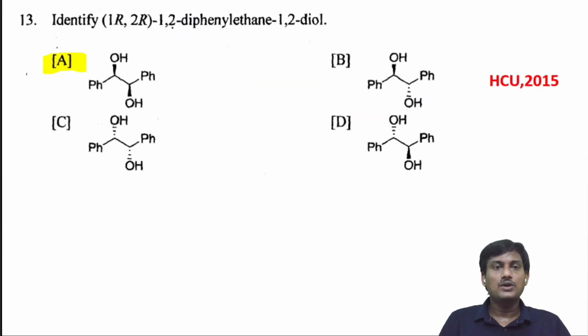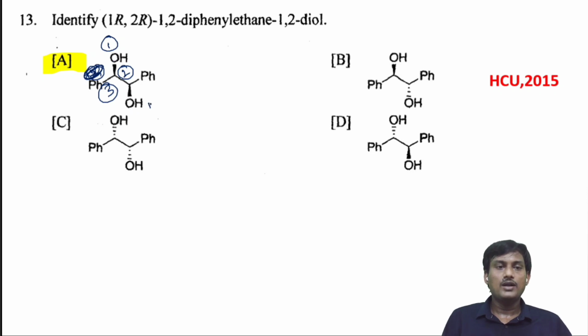Identify 1R, 2R in 1,2-diphenyl ethane-1,2-diol. What is the correct option? Here this one gets first priority, this one gets second priority, and this one gets third priority. OH, next one is CO, CO, next one is C double bond C. So connect 1, 2, 3, and you will get R configuration at the first position.